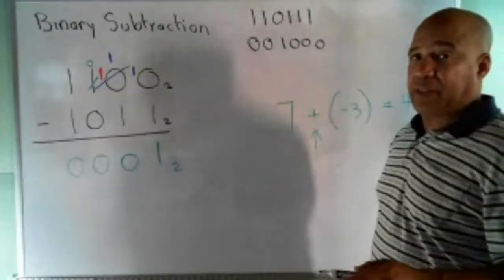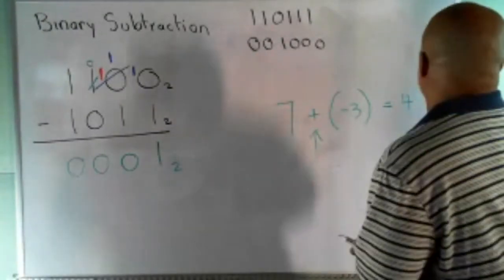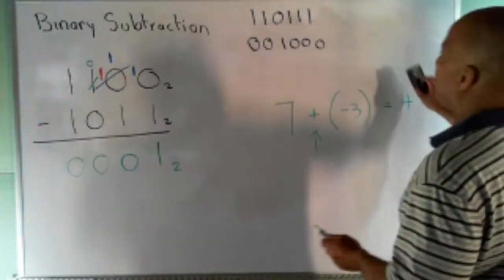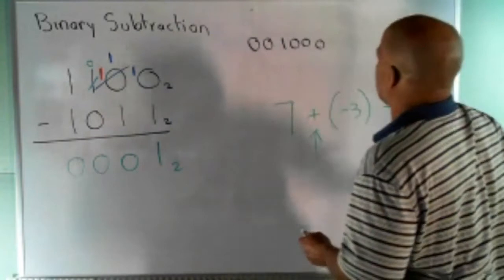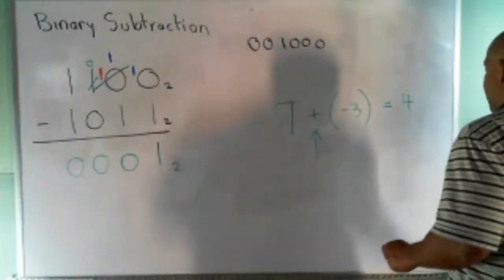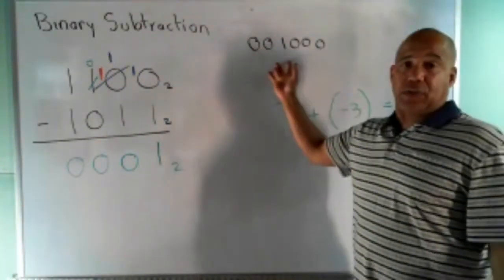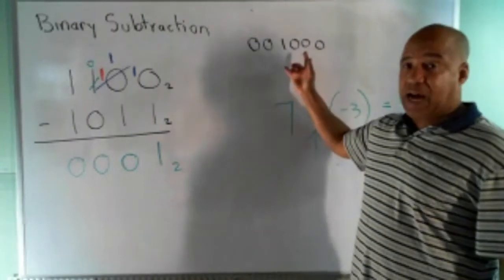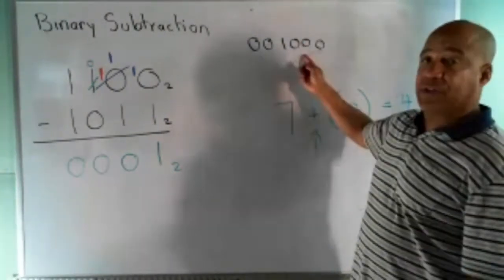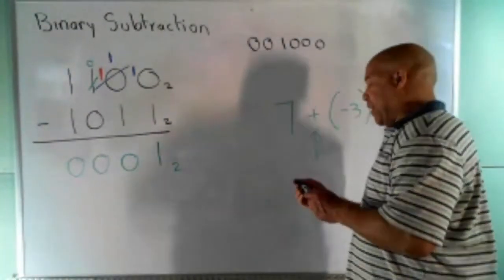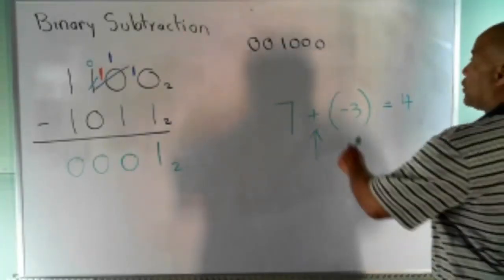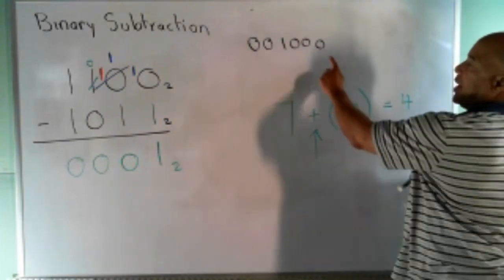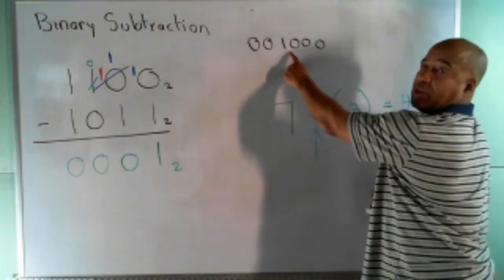The 2's complement, though, which is important for us, is another way to represent a negative number. Let's say this is my original number, and I want to take the 2's complement of it, which is a negative form of this number. To do that, you start over to the right, and everything up to the first 1, you leave alone.